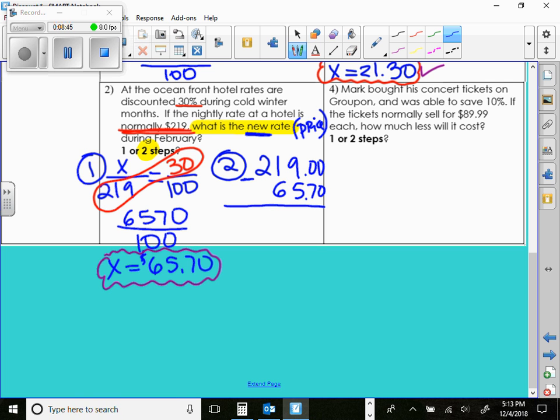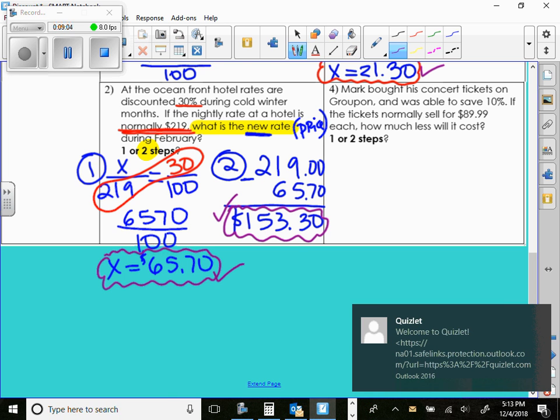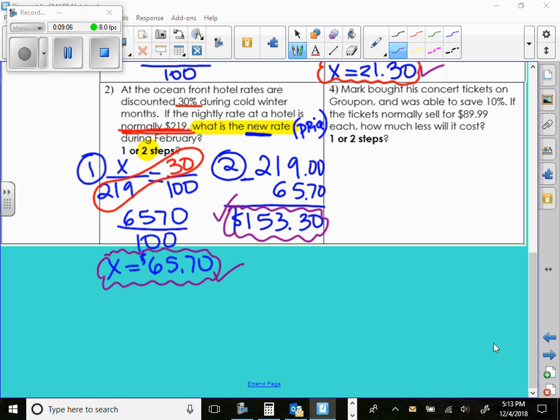And we'll find that the new hotel rate is $153.30. So if you want to stay in a hotel, you'll be paying about $65 less. That's how much less you'll be paying or saving, and this is how much you will end up paying.